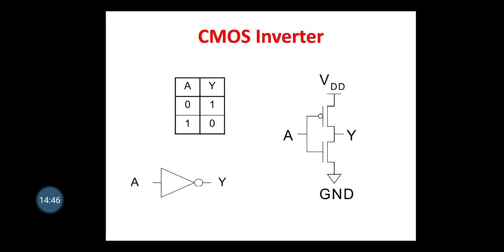So this is how you can draw the logic diagram of the CMOS inverter using N-type and P-type MOS.